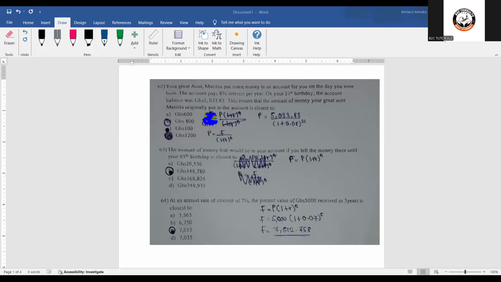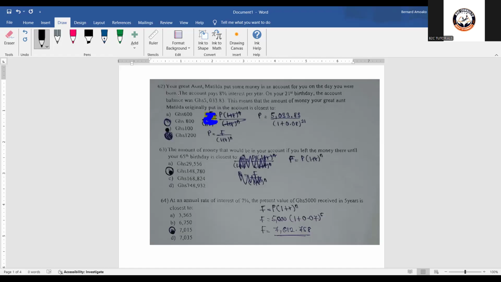All right, so let us solve this question using both the table and the formula. You've already used the formula in our previous video, so I'll just do one with the formula, and then the remaining I'll use the tables to solve. Your great aunt, Matilda, put some money in an account for you on the day you were born.